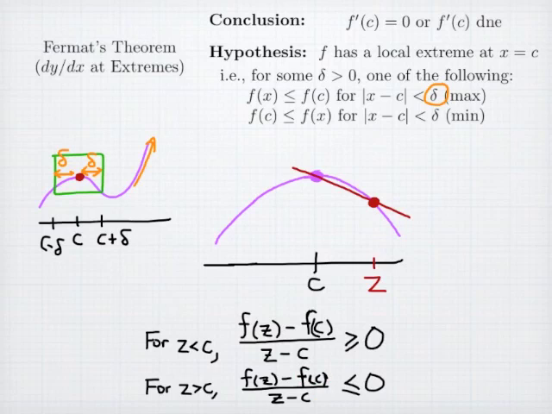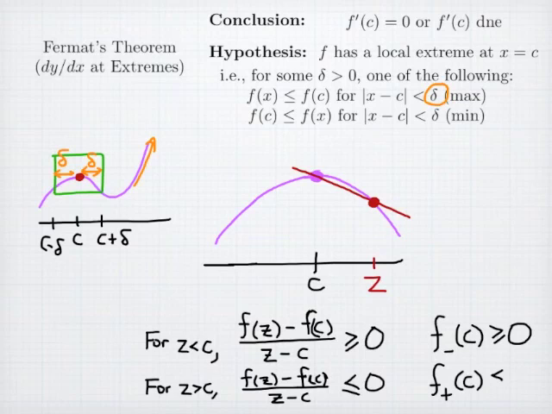The consequence of this is that if I think about the derivative from the left, it must be a positive number or a 0. And if I think about the derivative from the right, at the same point, it has to be a negative number or a 0. If I'm differentiable, then those two agree, and the only way they can agree is if they're both equal to 0. If they don't agree, the derivative does not exist.